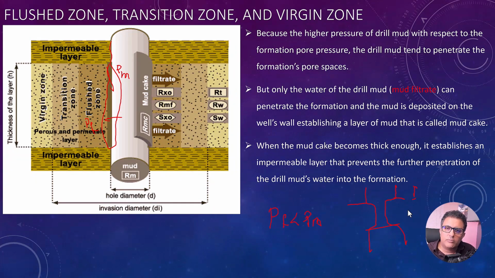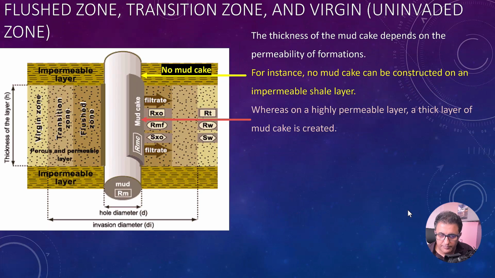Also for some corrections, for example some resistivity correction or gamma ray correction that you're going to see, we need to know the borehole diameter. So that's something that you should consider. The borehole diameter is not constant, although we drill the reservoir with the same bit. Depending on the permeability of different formations, the borehole diameter will change as a result of the thicknesses of the mud cakes.